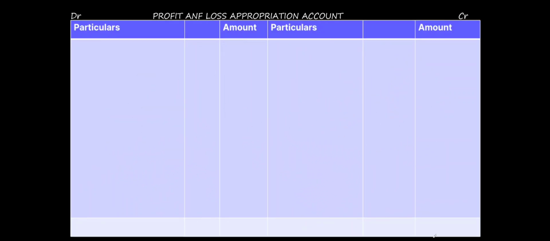Now let's see the profit and loss appropriation account. Open the profit and loss appropriation account. First, let's bring down the profit that is given in the question before adjusting the interest on capital. That is on the credit side by profit and loss account, it is 75,000. So out of the 75,000, we have to now provide interest on capital. That is on the debit side to interest on capital.